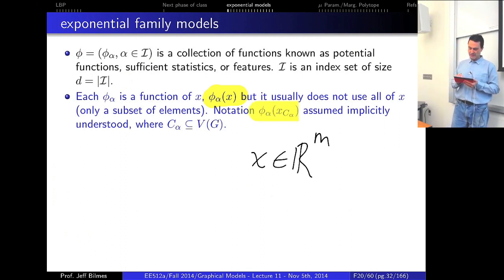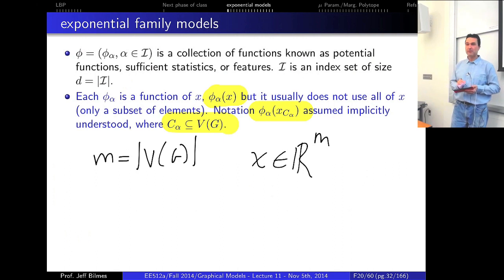In other words, phi sub alpha might only really depend on x sub c sub alpha, where c is some subset of the indices 1 through m. So again, we've got some graph, with m equal to the vertex set of G, and G is the same graph for a graphical model that we've been talking about.